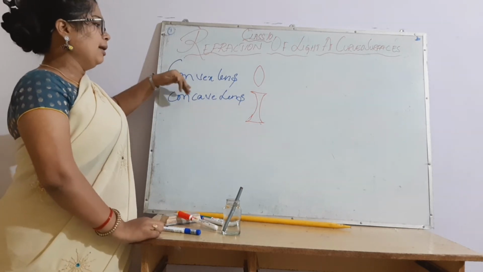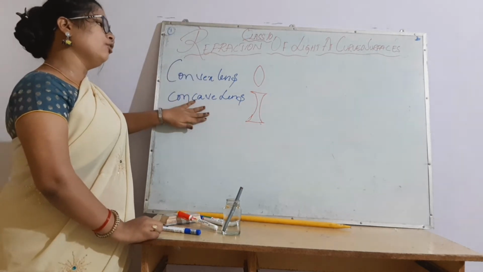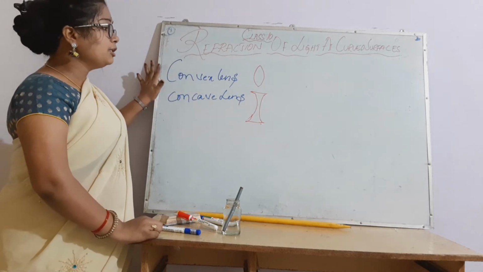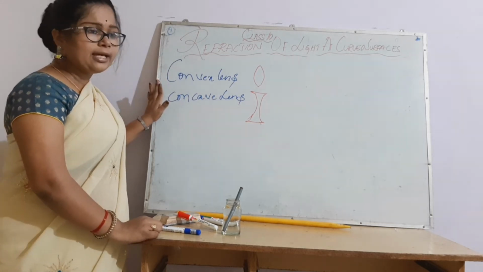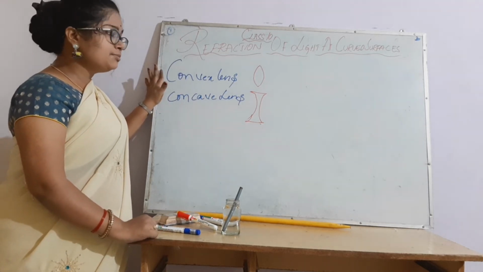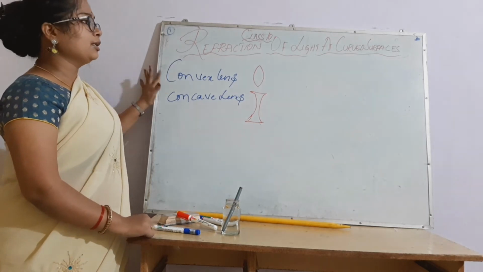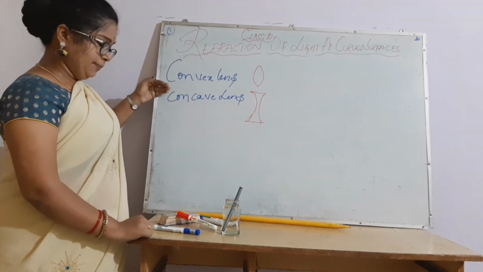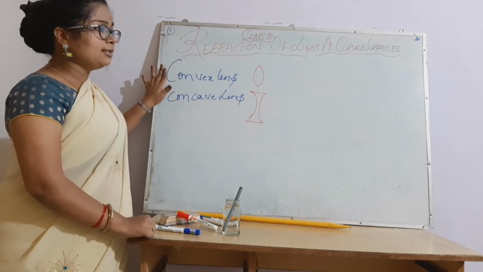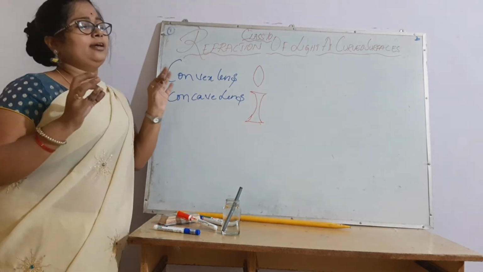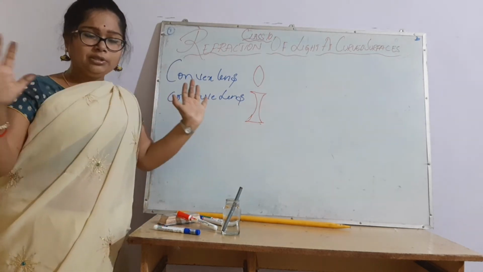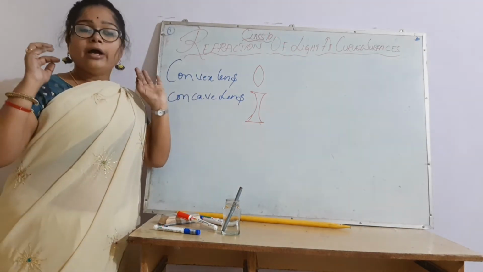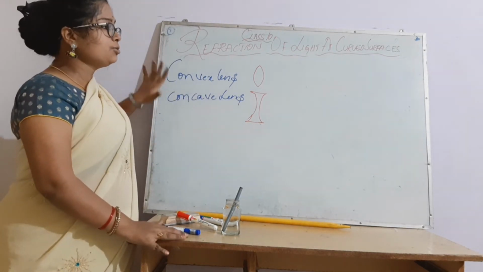And next, we will clearly learn about this convex lens and concave lens, how these concave and convex lenses behave, what the important terms are that need to be noted, and the easiest way to draw the ray diagrams. Everything clearly without any doubt. I'm surely going to clear it.